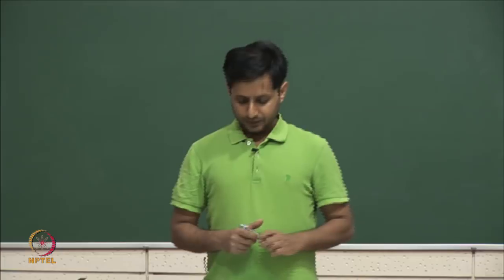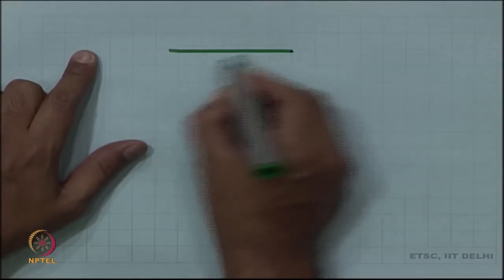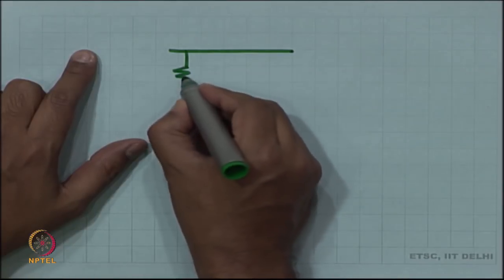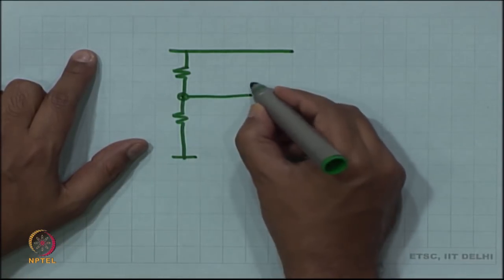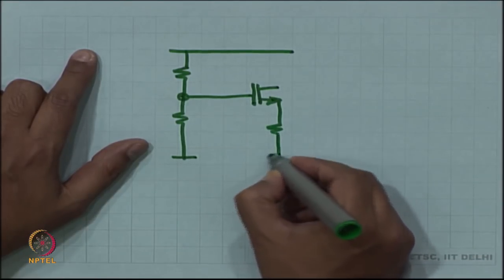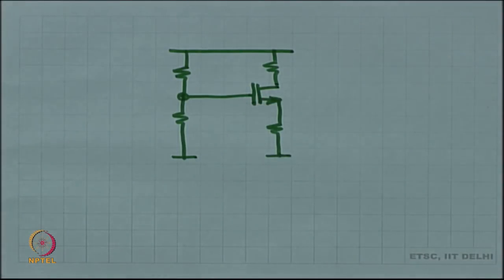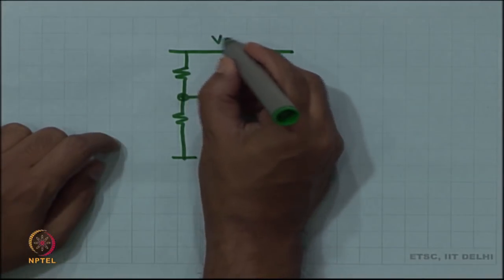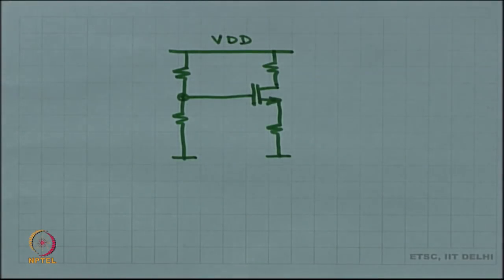All right. So, once again I am going to go back to the DC operating point circuit. So, this is the circuit that is going to be used to set the DC operating point, fine.